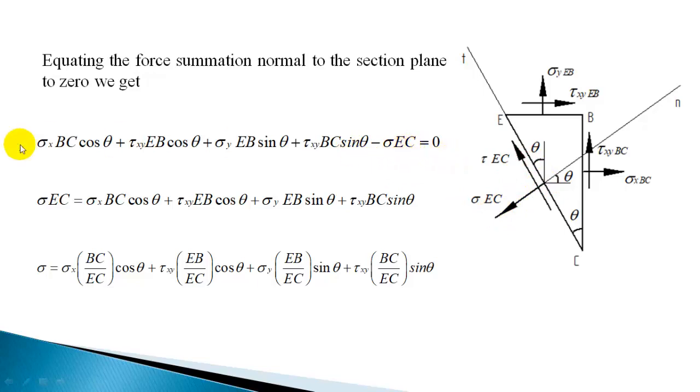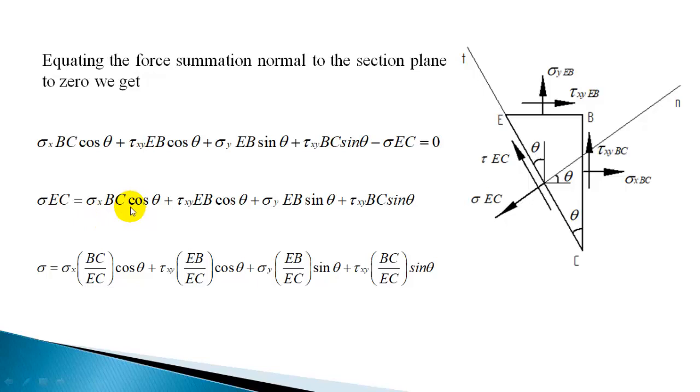Now I'll take sigma EC to the left hand side. Sigma EC is equal to the rest of this on the other side. Now we'll divide this entire equation by EC, so that you get sigma, that is stress.